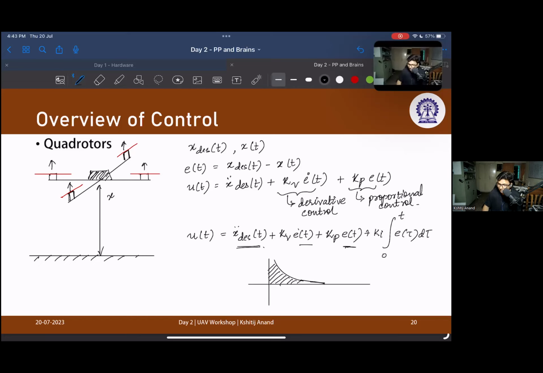But if your error shoots, like let's say now your error becomes negative, you have overshot the position. So now again the integral will help you in coming back. If there are external disturbances, or if there are modeling errors, integral control is going to help you get through that. Okay.